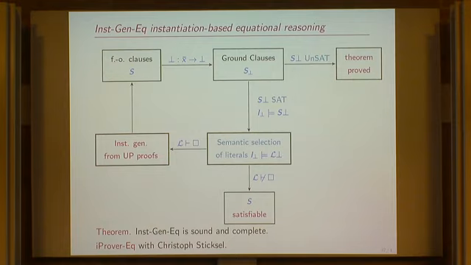So what we showed is that this procedure is somewhat incomplete, but to implement it efficiently turned out to be very difficult, because this reasoning should be done in the context of these clauses.